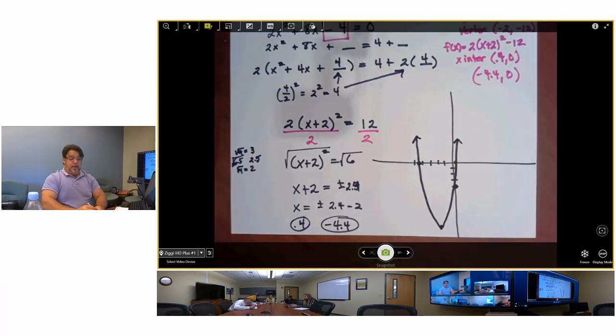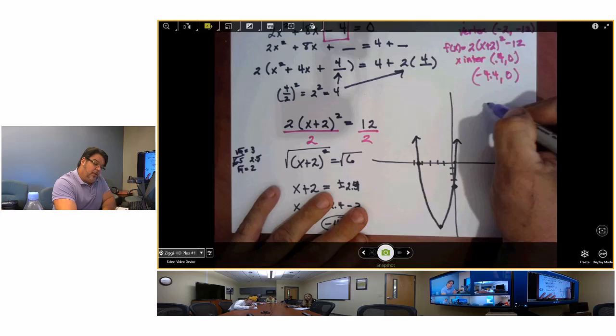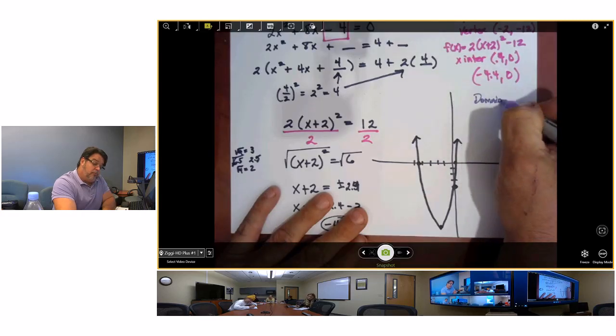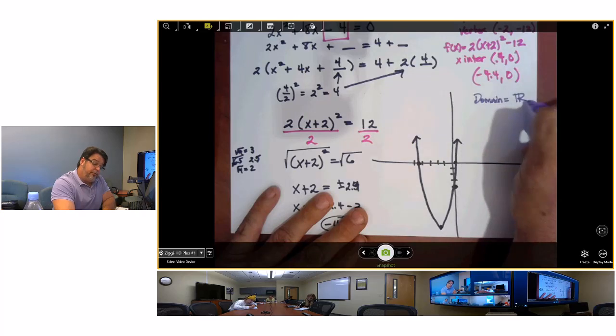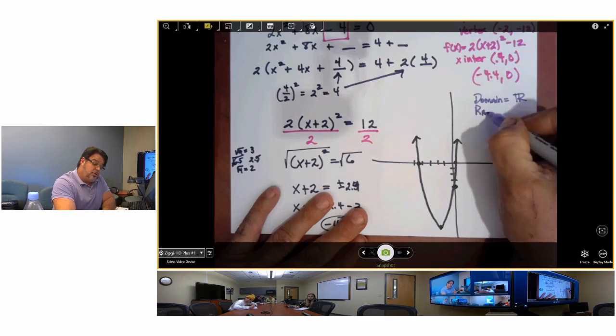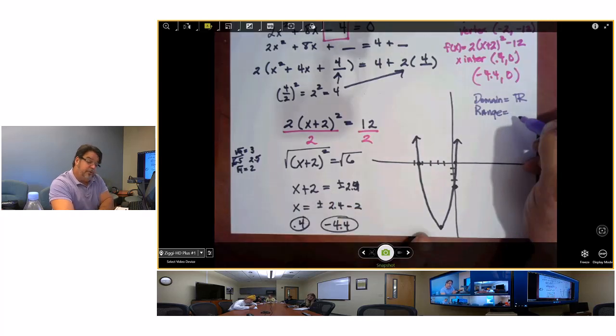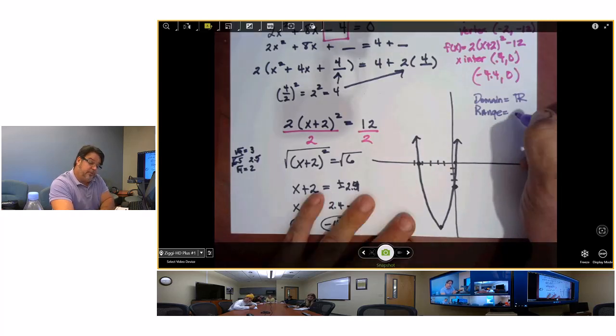Now we'll take our handy dandy purple or lavender. Domain equals all real numbers. Range is from negative 12 to positive what? Infinity.